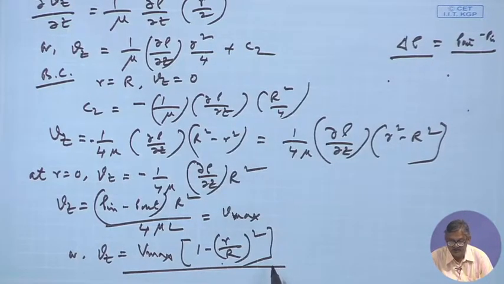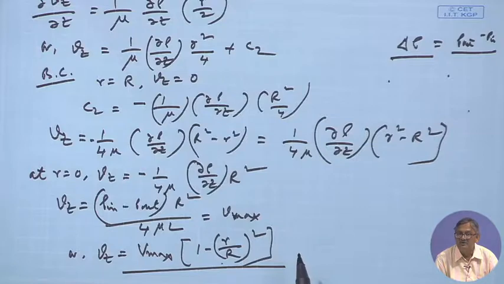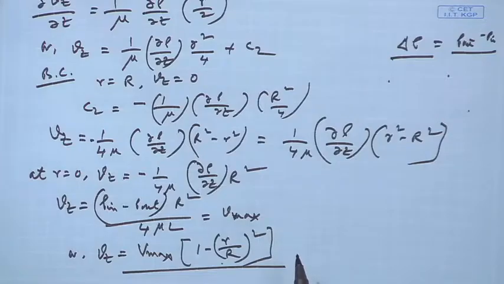This is what we have done in the flow of fluid in pipe. This we have done earlier, and with the help of the Navier-Stokes equation, you have seen that you can also do the same thing for the pipe flow, and you can find out the velocity distribution in the pipe.